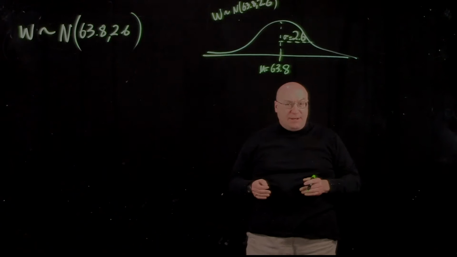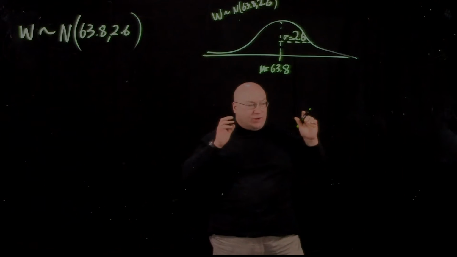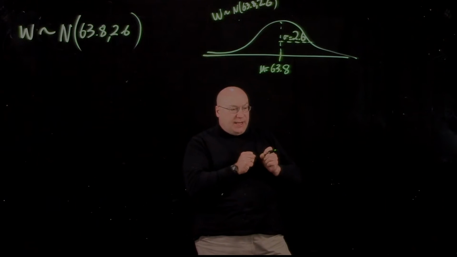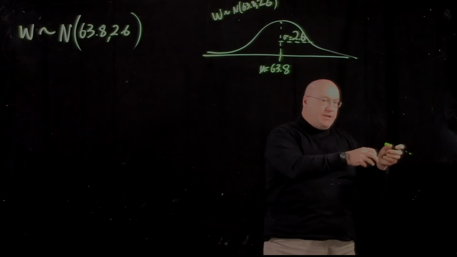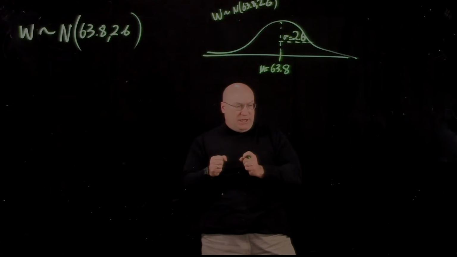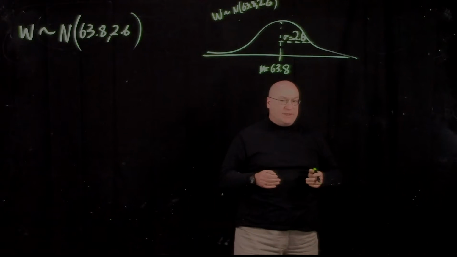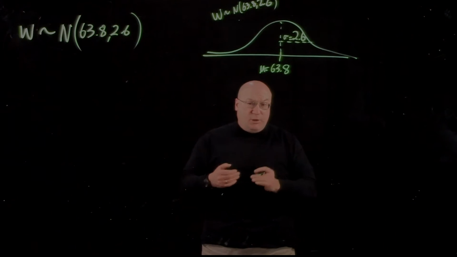Suppose instead of reaching in and taking a single woman's height, we reach in and randomly grab 10 heights and compute their mean, and then randomly grab 10 more and compute their mean. So what we're really doing is picking simple random samples of size 10 and computing the mean.